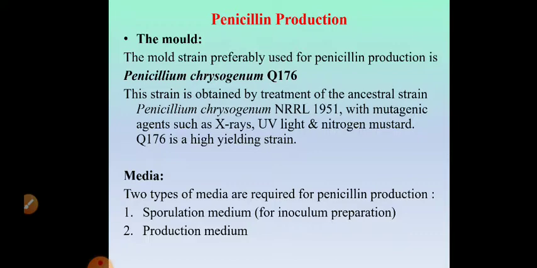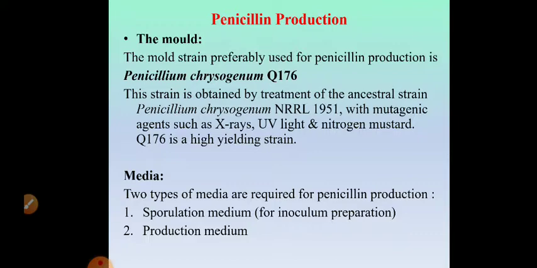It is actually a mutated organism obtained by treatment of the ancestral strain Penicillium chrysogenum NRRL 1951. So the Penicillium chrysogenum Q176 strain used for penicillin production is a mutated organism obtained from Penicillium chrysogenum NRRL 1951.